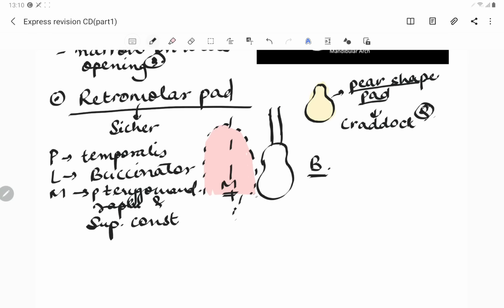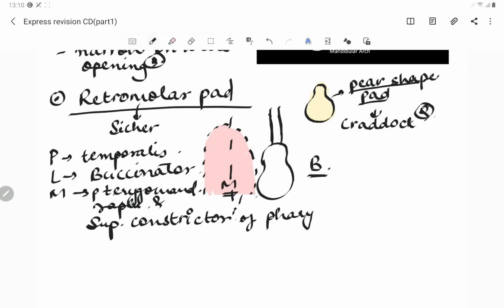So if the question is asked which of the following muscles is not an insertion for the retromolar pad, the options would be temporalis, buccinator, pterygomandibular raphe and the superior constrictor of pharynx.